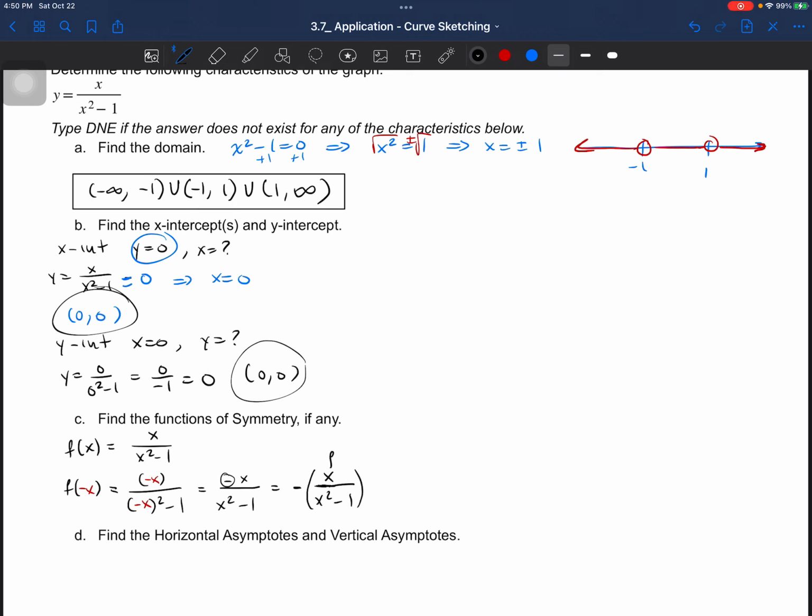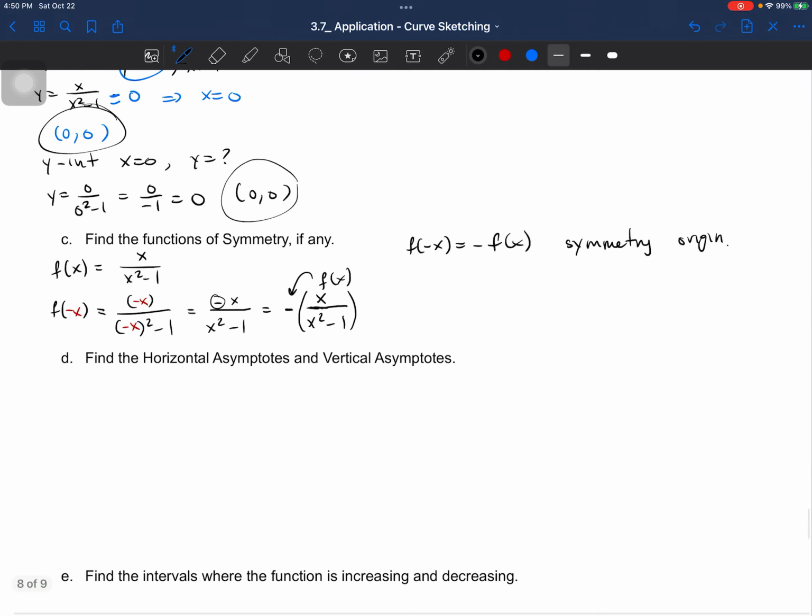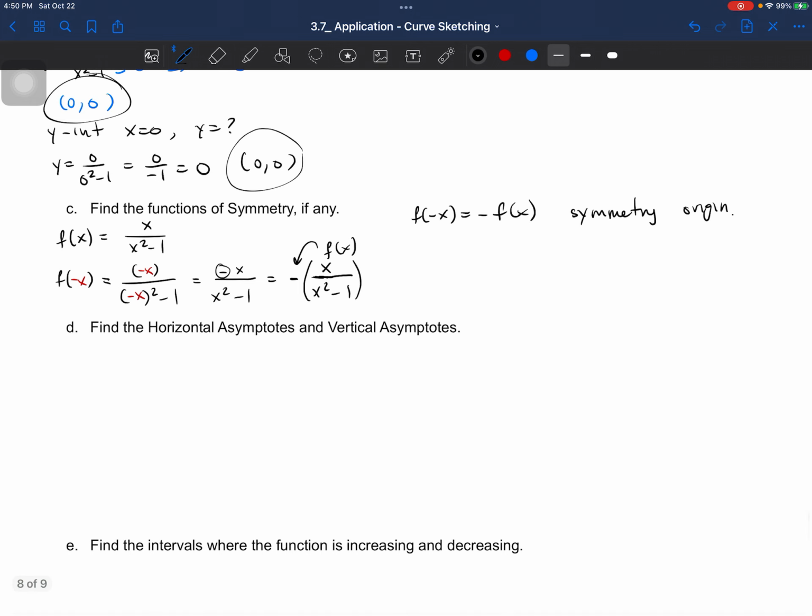If you notice this, we can factor this negative in front, which gives us the original function times -1. We talked about this earlier in the other videos. Whenever this happens, this implies that there's a symmetry about the origin. So we have found a symmetry about the origin.